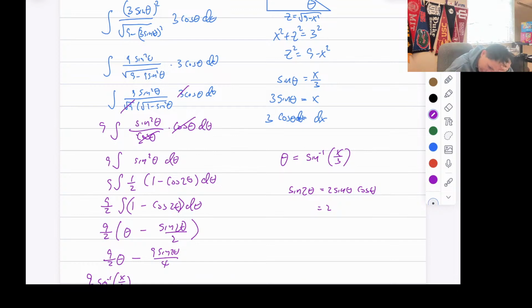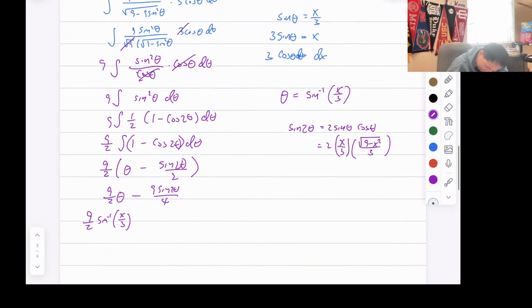Sine theta is equal to x over 3. Oh, okay, I see. Cosine theta is root 9 minus x squared. We didn't have anything on the numerator.